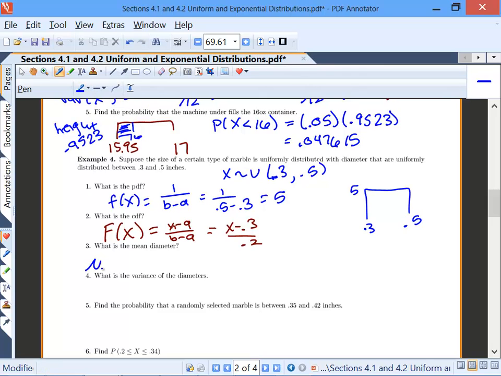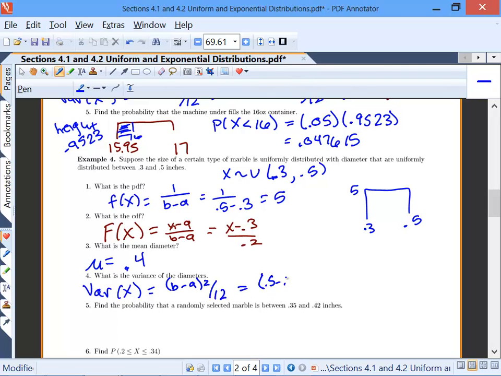What about the mean? We know that the mean is just the average of the two endpoints. What is the average of those two endpoints? Just 0.4. And the variance is b minus a squared over 12.